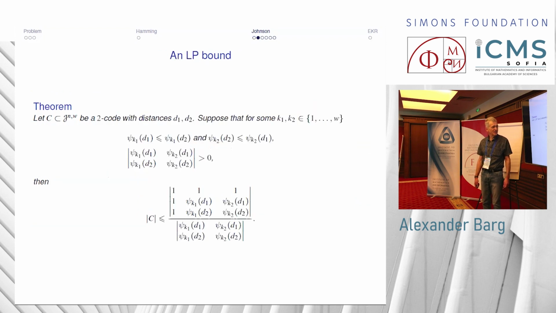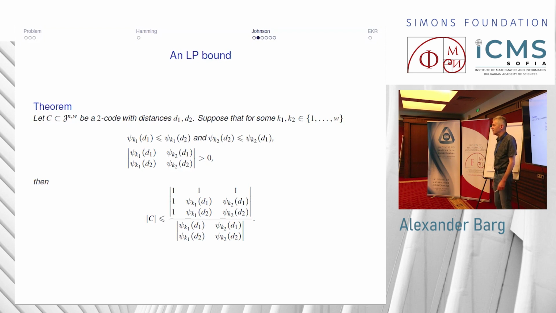Let us prove the following result. Let's say there is a code in the Johnson space with two distances, d1, d2. So let us take the degrees of those polynomials k1, k2, somewhere in the set of the distances, from 1 to w, and let us assume that the polynomial of degree k1 is monotone from d1 to d2, and the polynomial of degree k2 is monotone the other direction.